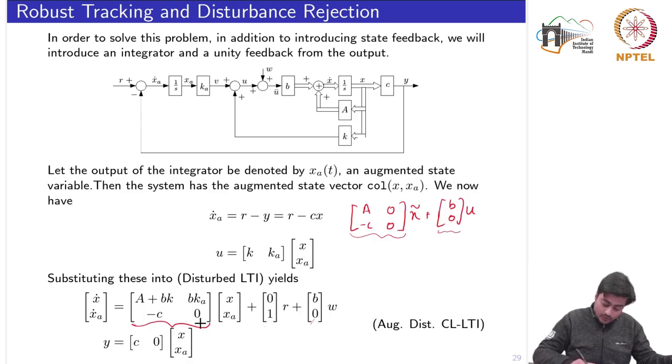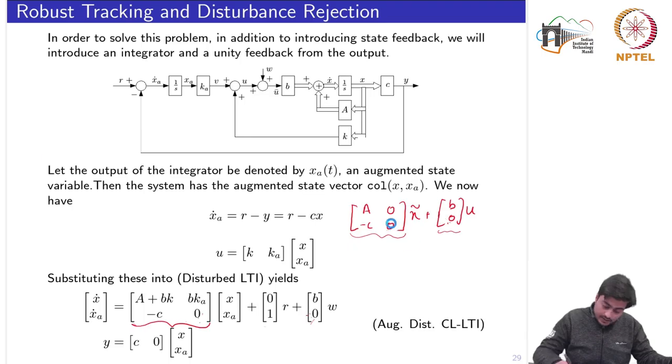So either we show the controllability of this and this pair, or the controllability of this and this pair, because the result says that if this pair is controllable, then this pair would definitely be controllable. So either we show the controllability of this one or of this one, which is equivalent to saying that we can place arbitrarily the eigenvalues.